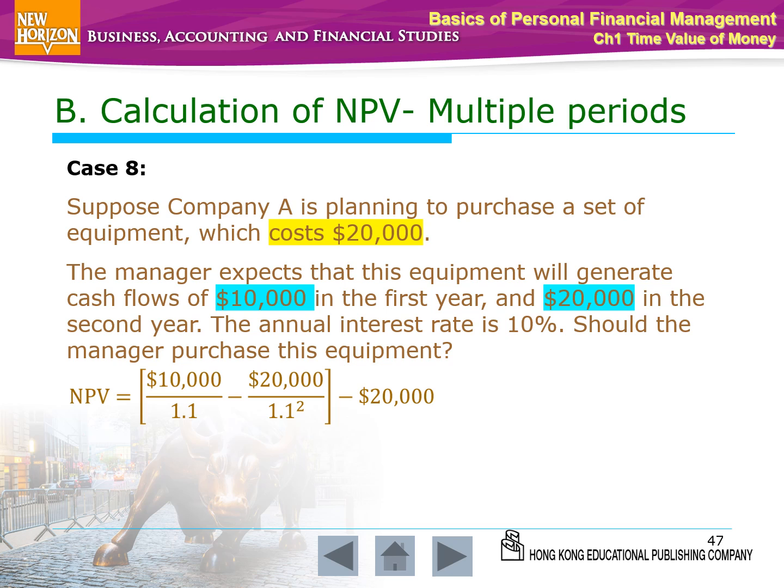Remember when calculating present value, the factor should be at the bottom: 1.1 and 1.1 to the power 2. Then minus the initial investment, $20,000. So the net present value here is $5,619. So it is positive. So it is advisable for the manager to take this project or purchase this equipment.